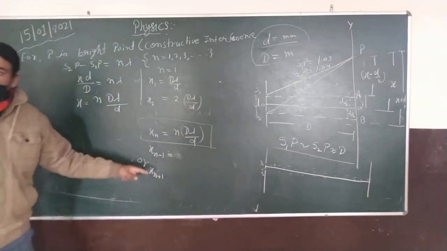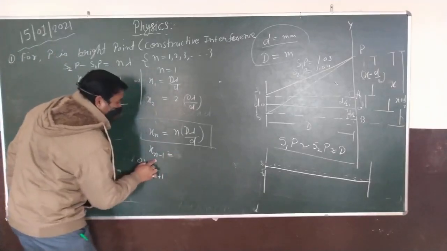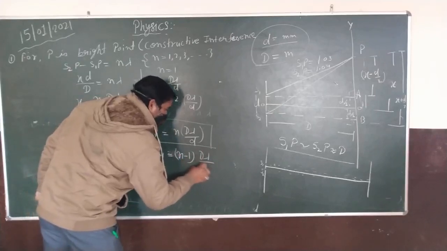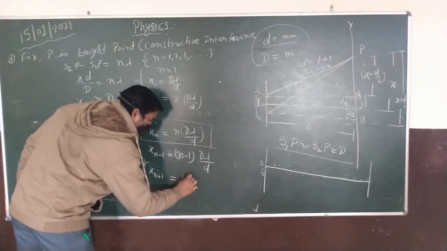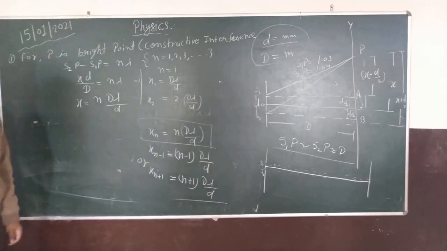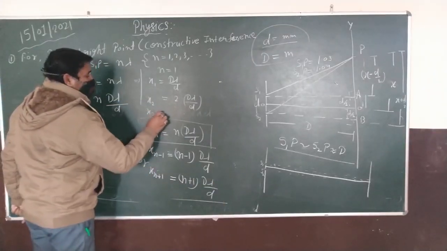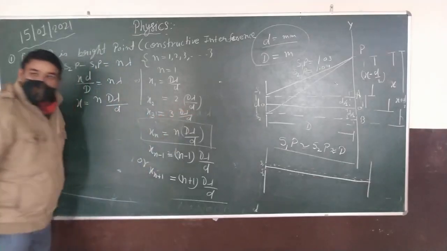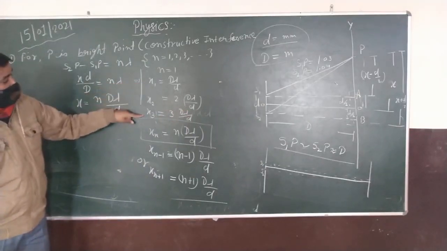If we use n minus 1, this will become (n minus 1) D lambda by d, and if we use n plus 1, this will become (n plus 1) D lambda by d. Clear?